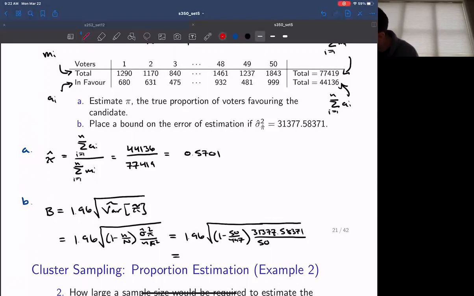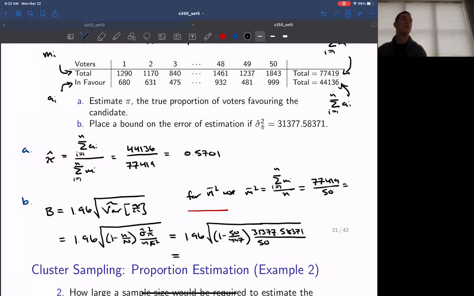So here, for the m bar squared, little m bar is the sum from i equals 1 to n of the mi over n, which is equal to 77,419 over 50, which is equal to 1,548.38.